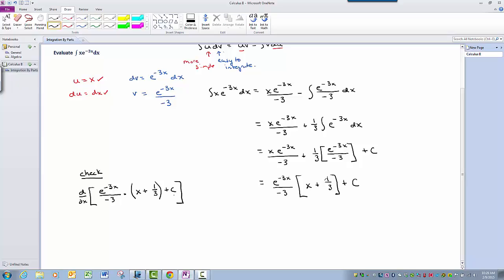So the derivative of this last guy is 0, so we're not going to worry about the constant. Let's worry about differentiating this guy right here. So we have to use the product rule. So the derivative of the first is negative 3 e to the negative 3x over negative 3 times the second, plus the derivative of the second, which is just 1, times the first.